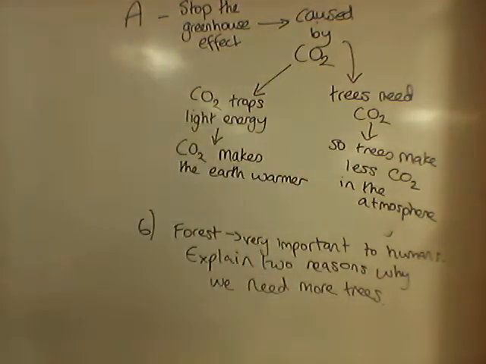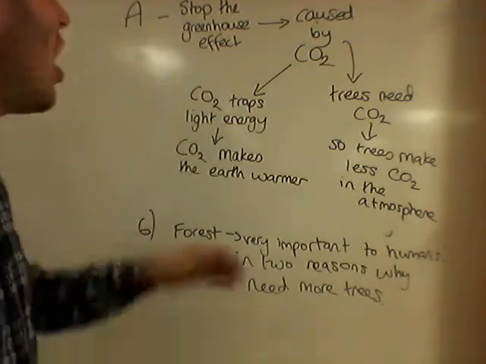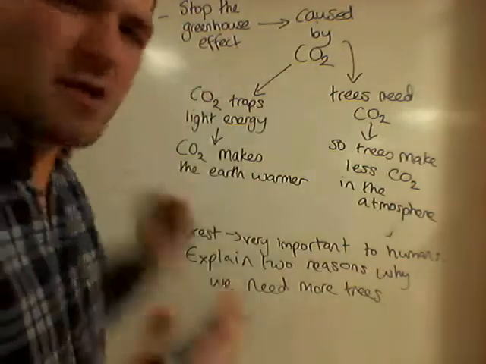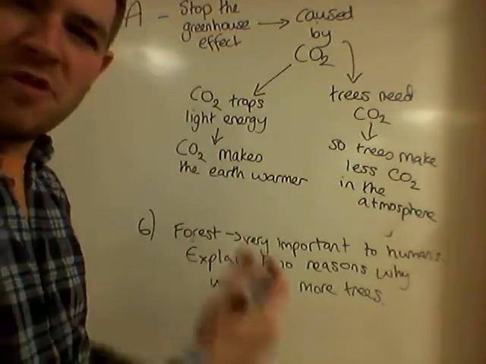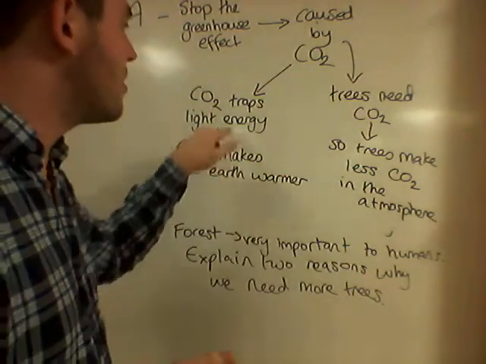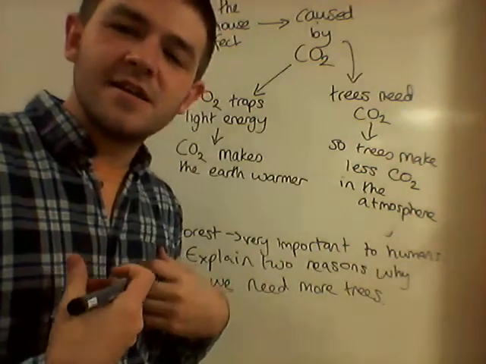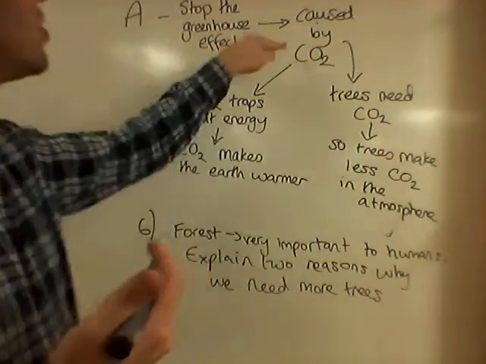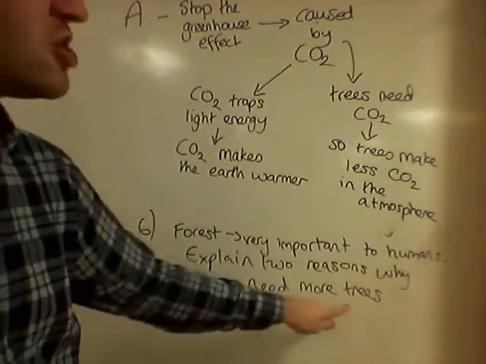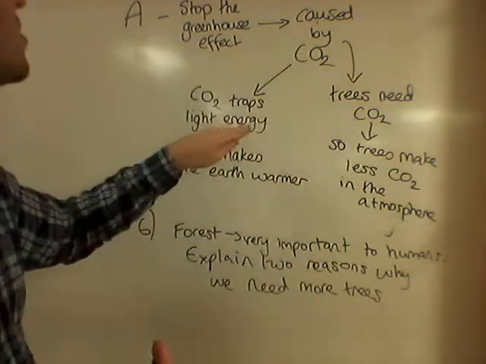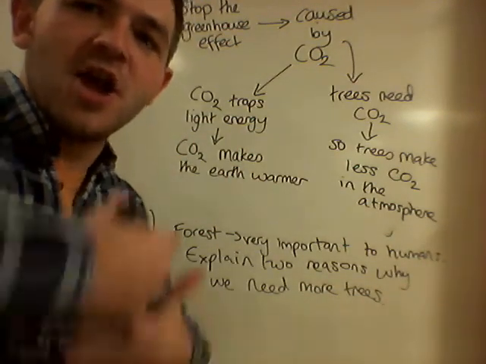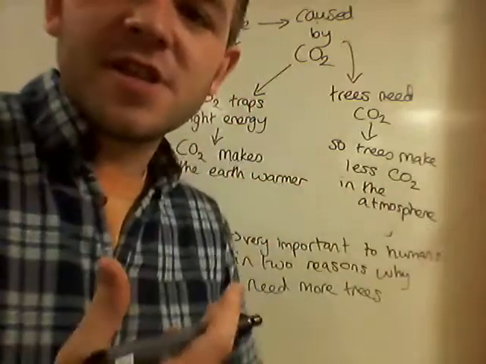I might need to jump off there. If you can explain how carbon dioxide can make the earth warmer, you've taken a question about trees to something about how the greenhouse effect works. You're applying different science knowledge.